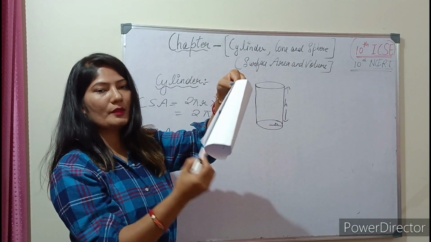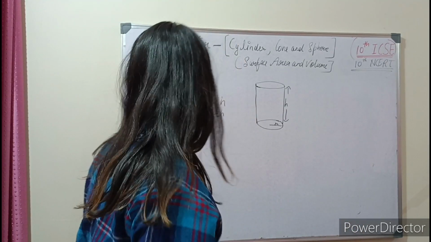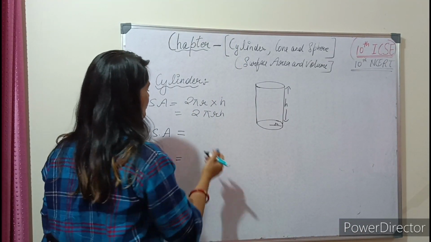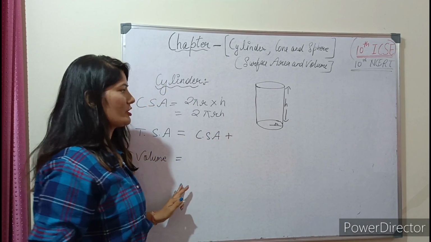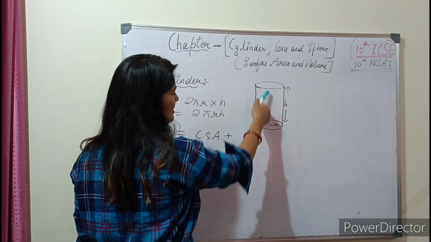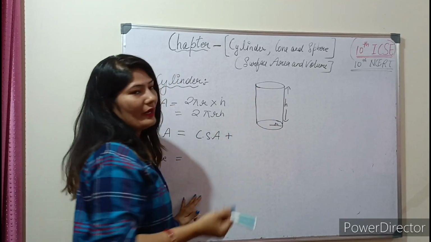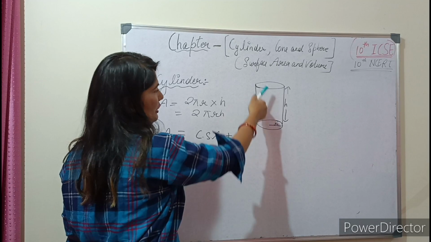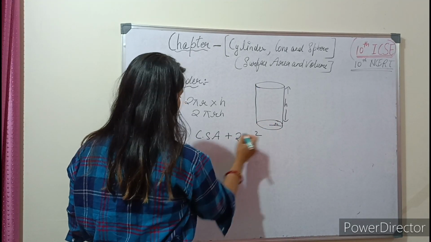So CSA plus the area of these two cross sections, that is the TSA. So here TSA equals CSA plus the area of the cross sections. In the cylinder there are two cross sections. The area of one cross section is pi r square, but there are two, so this will be 2 pi r square.